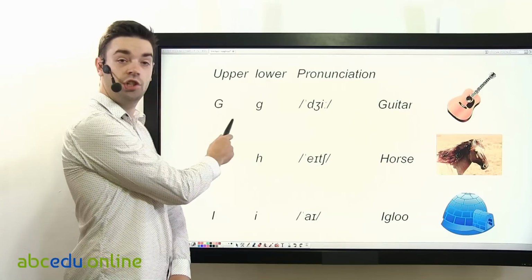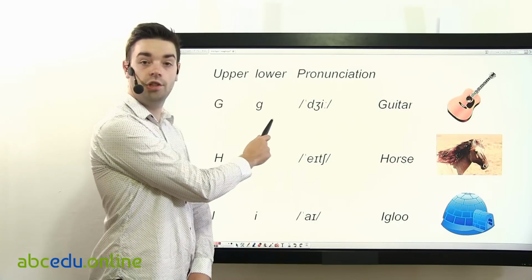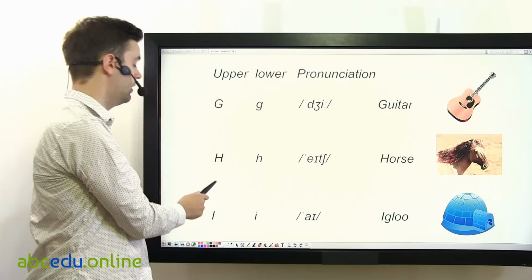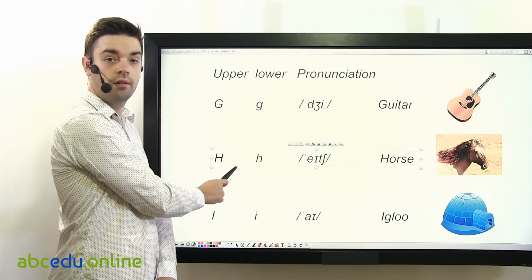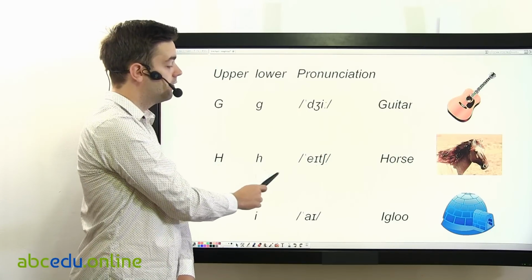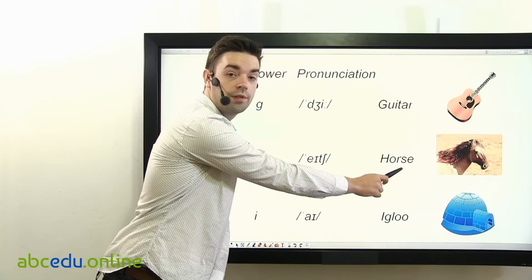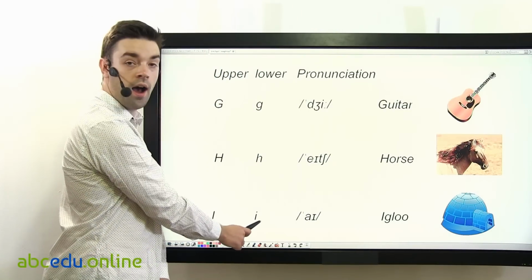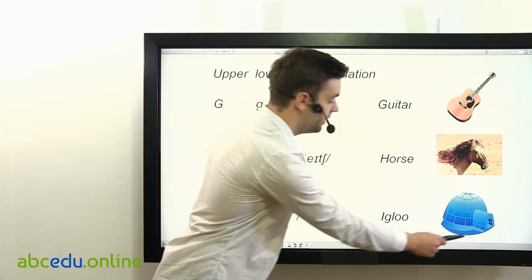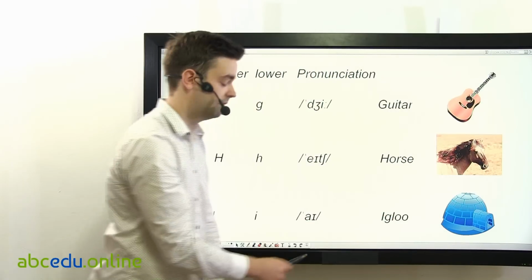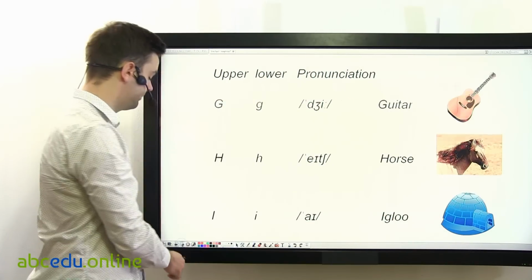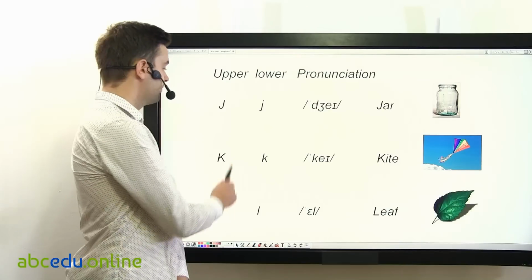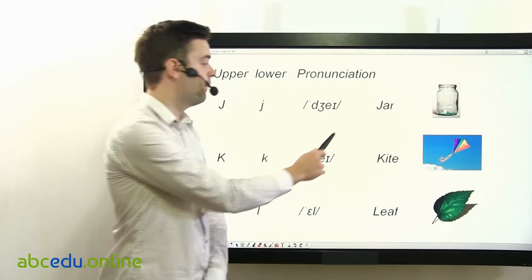Then we've got G. G is for guitar. H. H is for horse. I. I is for igloo. Then we've got J. J for jar.